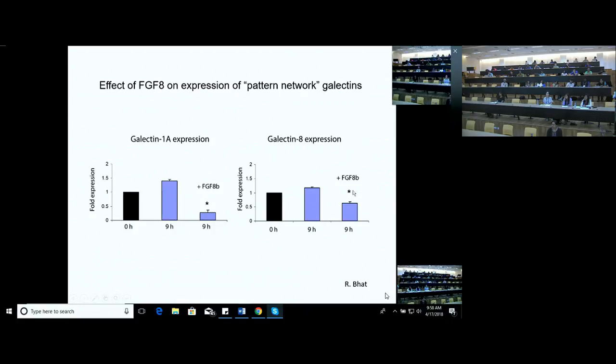So basically, as the limb grows out, at the very tip, there is a suppression of just those components that are involved in pattern formation. And the tissue has to move away from the tip in order to undergo pattern formation.